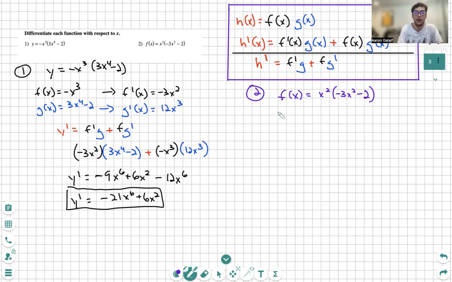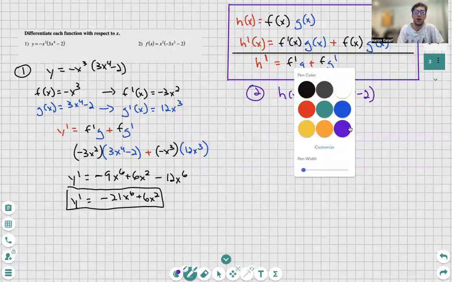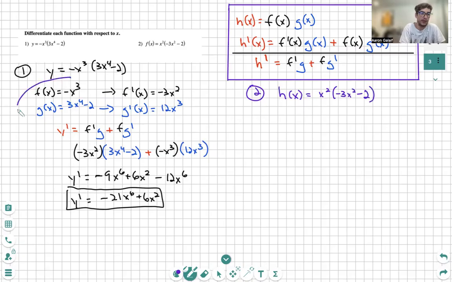So I accidentally called this f of x. Let's call this h of x. With the method we used before, we listed f of x and g of x, took their derivatives, and just put them together, right? Just plug and chug. That is most likely going to be our easiest way to handle this one.